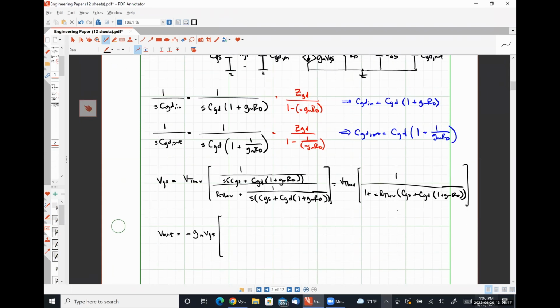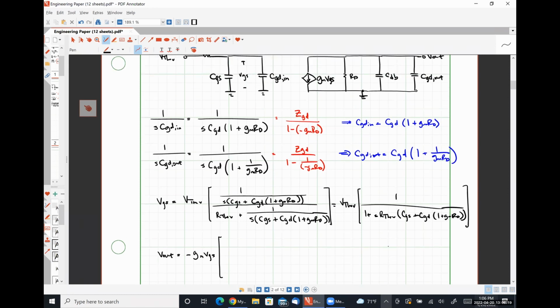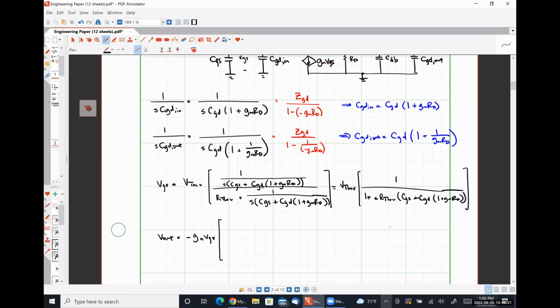So when I have RD in parallel with those two capacitors, that's going to look like RD over S CDB plus CGD times 1 plus 1 over GMRD.